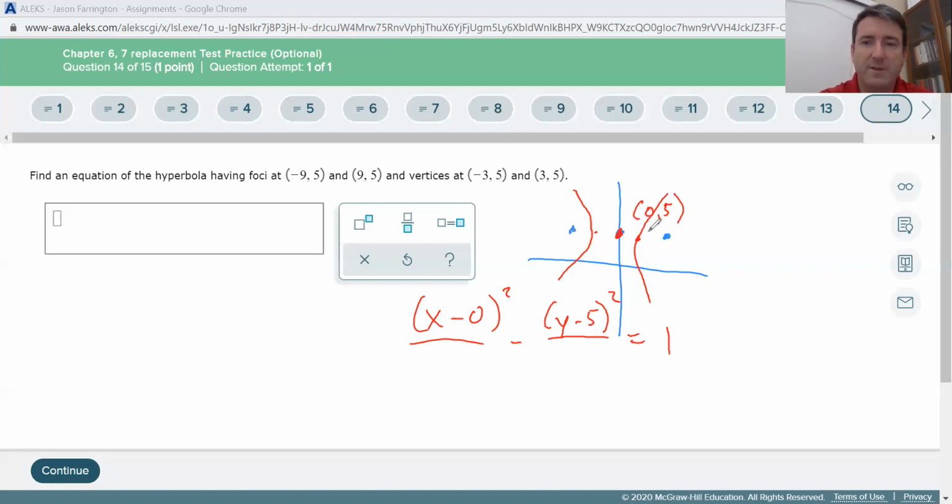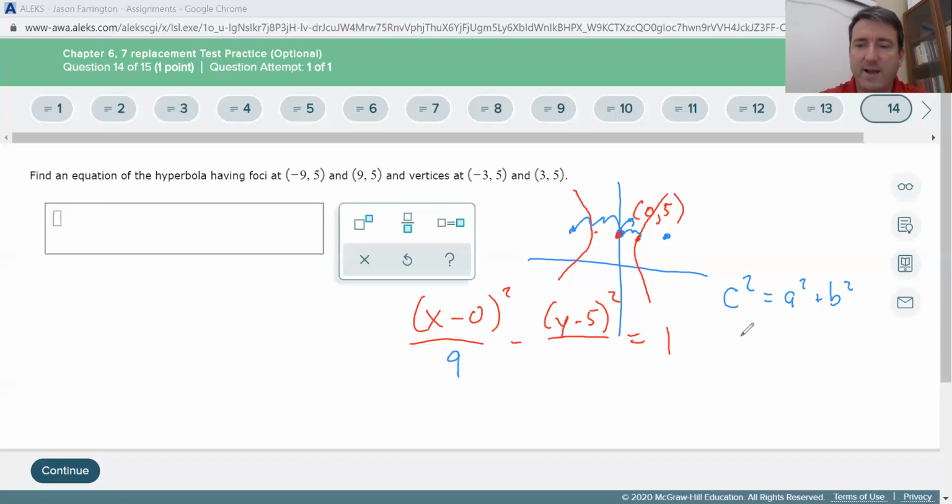Let me change my color back here. This distance is 3, so that's going to go under our x. So 3 squared is 9, and then the other distance, our b, we need to figure that out from our a and c. So we know that c squared is equal to a squared plus b squared, and the c, this distance here, is 9.